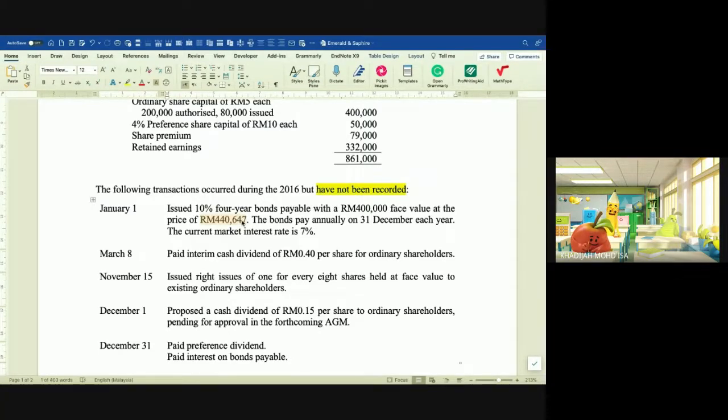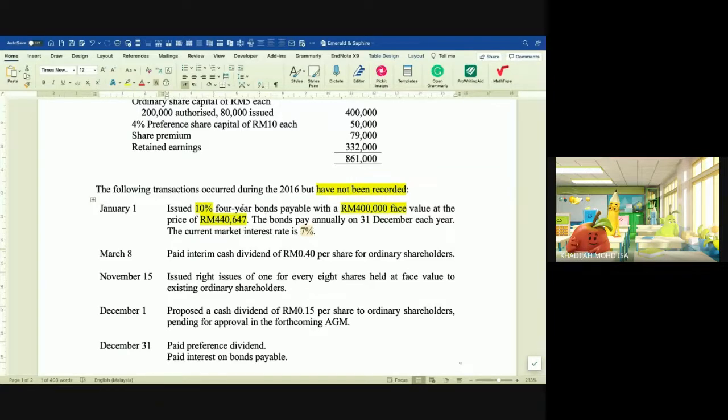Looking at this, is the bond issued at discount or at premium? Premium, because the par value is 400,000, but you managed to issue at 440,647. The bonds are paid annually on 31st December and the market interest rate is 7%.